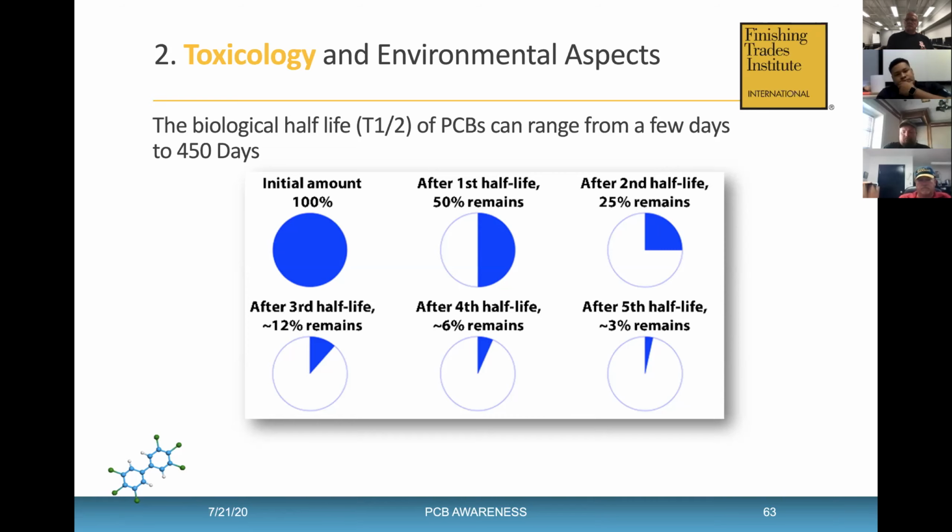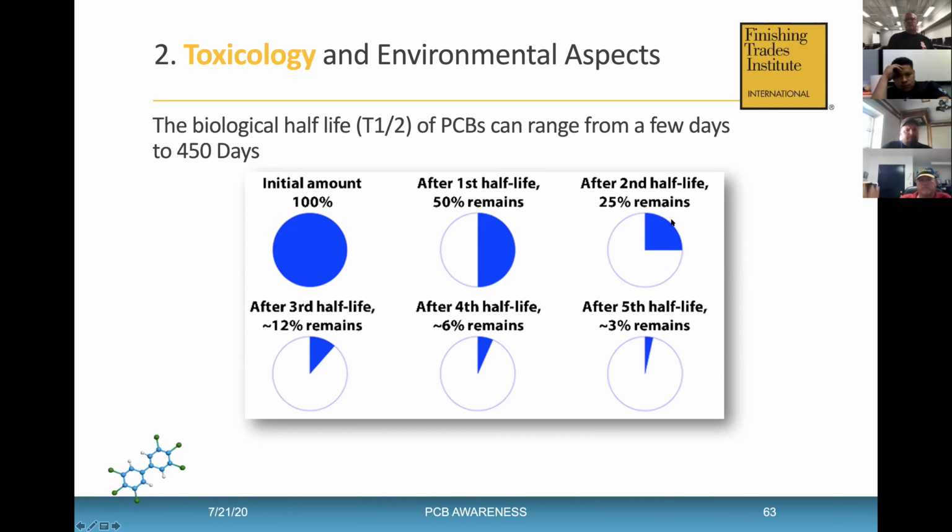So maybe you were removing caulking, sanding down a wall or something, whatever. You get 100 milligrams of PCBs in your body. After one half-life, so after 450 days, which is more than a year, half of those PCBs are left. So now your body is down to 50 milligrams.